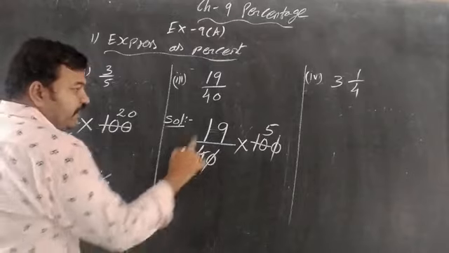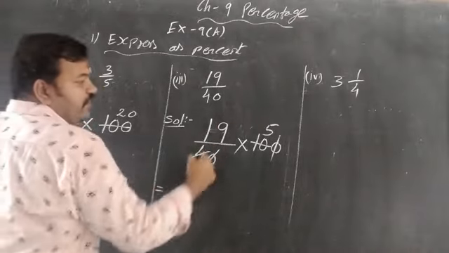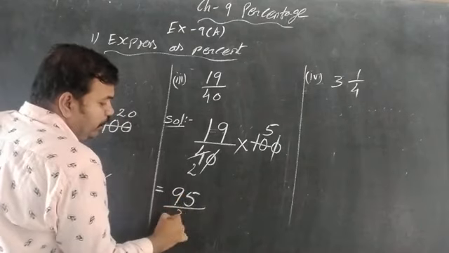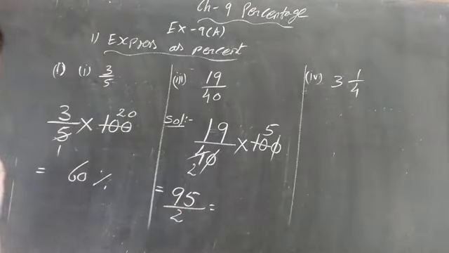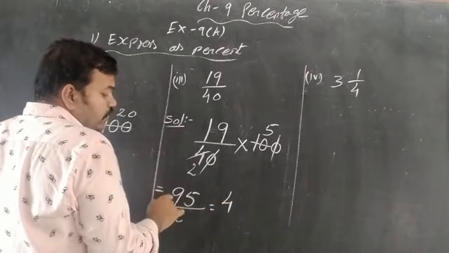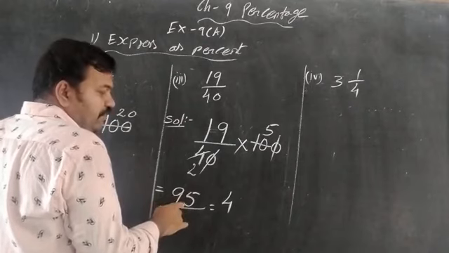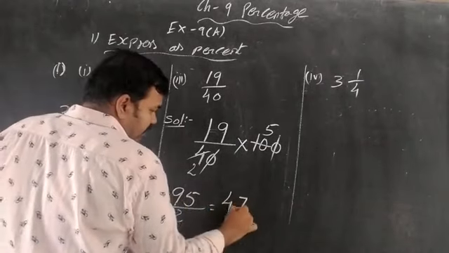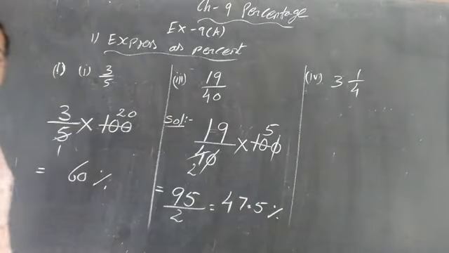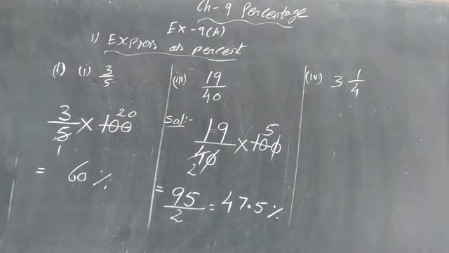Now multiply: 19 into 5, 9 fives are 45, 1 nine is 9, which is equal to 95 by 2. Changing it to decimal form, 95 by 2: 4 twos are 8, 1 is left, 10, 5 twos are 10, then 0.5. So 47.5 percent you can write, or 47 1 by 2 percent also we can write.